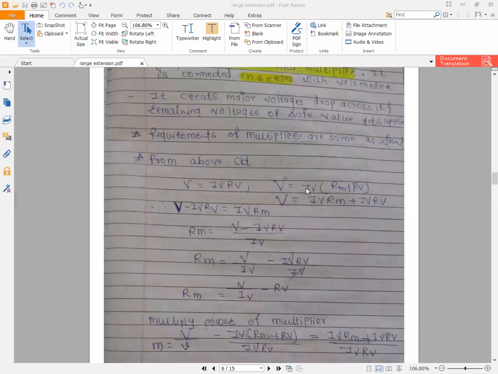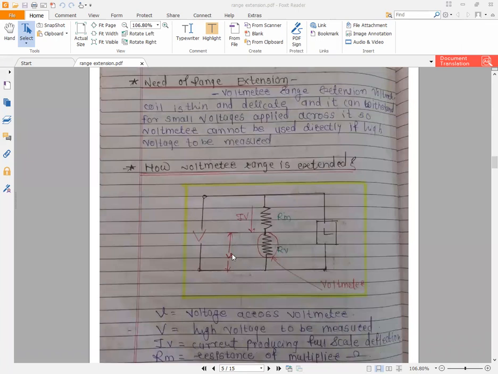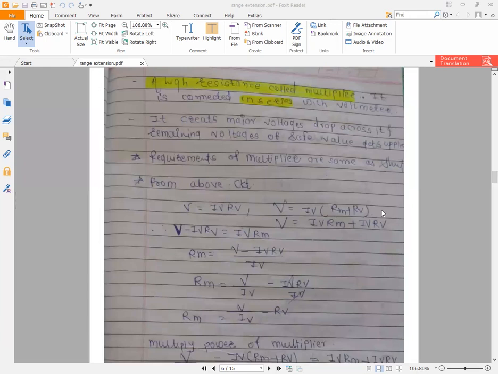So v equals Iv into Rv, because in this branch the current Iv is flowing, and both are connected in series. So this small voltage v equals Iv into Rv, and the capital V equals Iv into (Rm plus Rv). So here I am taking these two equations.